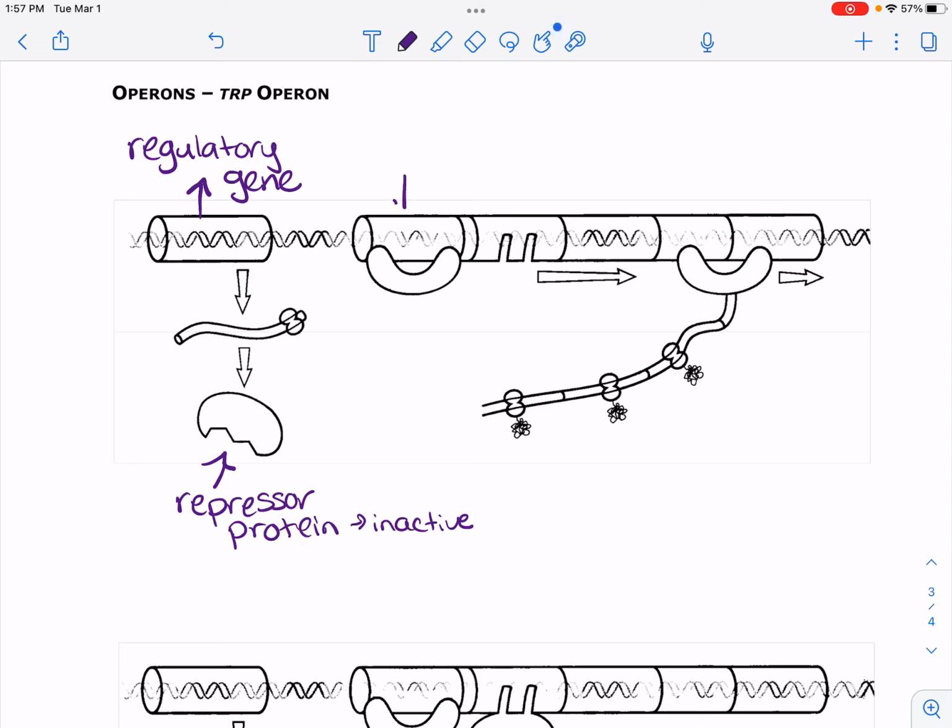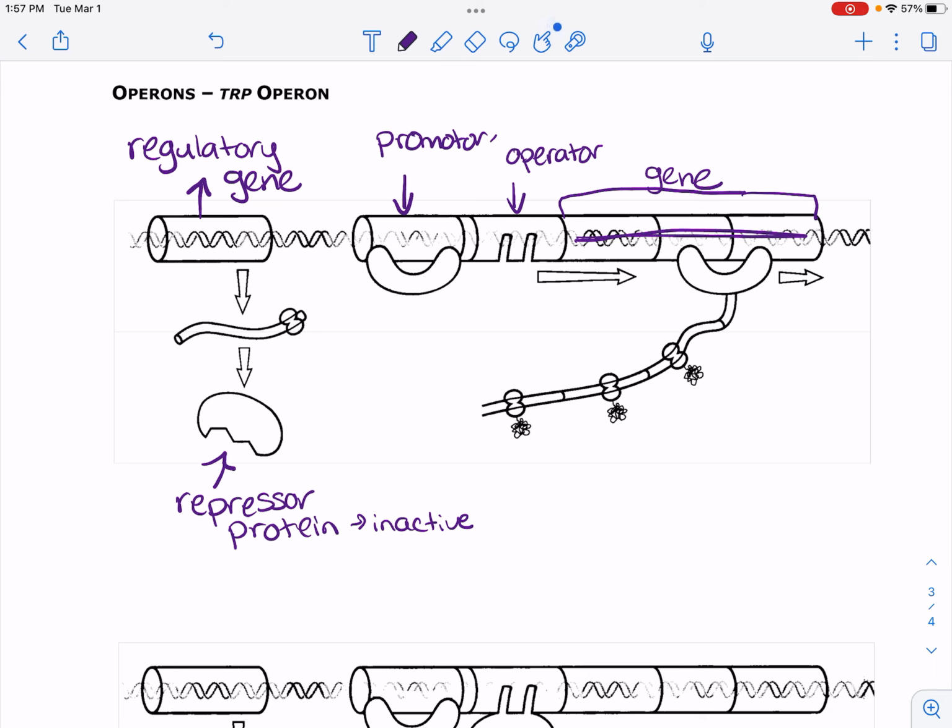This right here is my promoter, so that's that promoter region of DNA. This little piece of DNA is what's called the operator. And then all of this part right there is just the gene that we're interested in. So they're the genes that code for, in this case, tryptophan, which is an amino acid. So they code for enzymes that help make tryptophan.